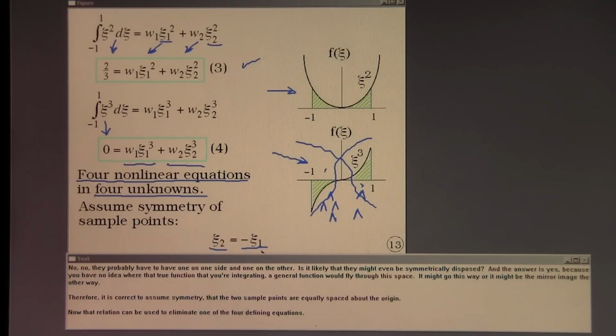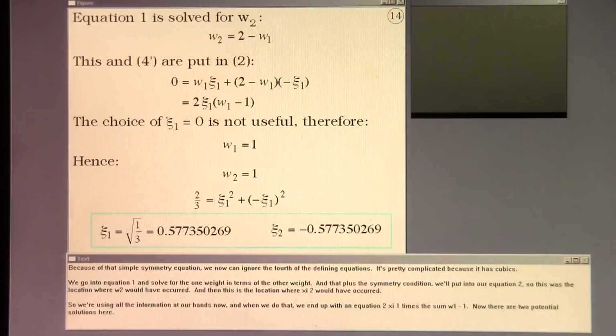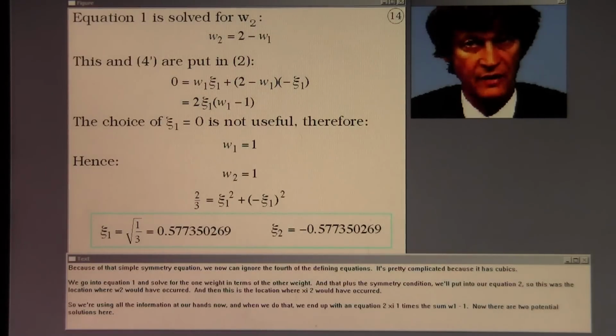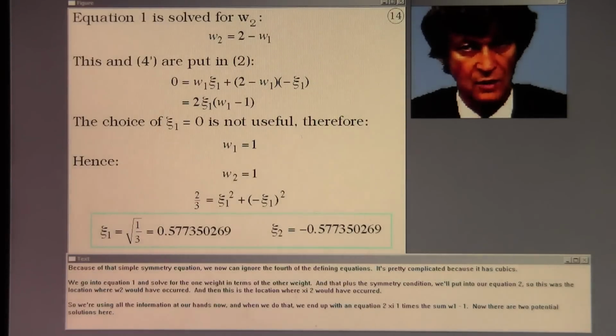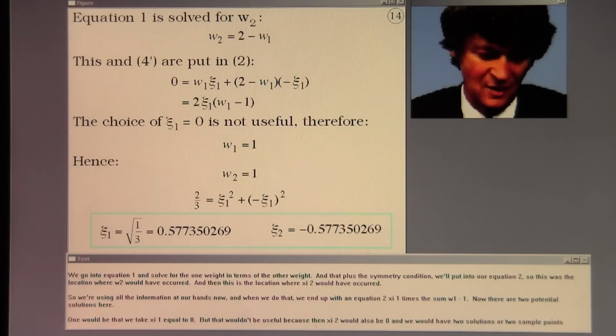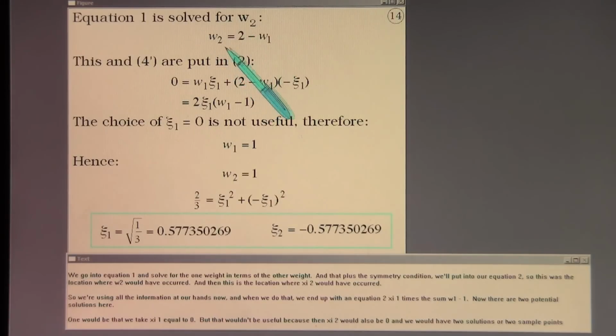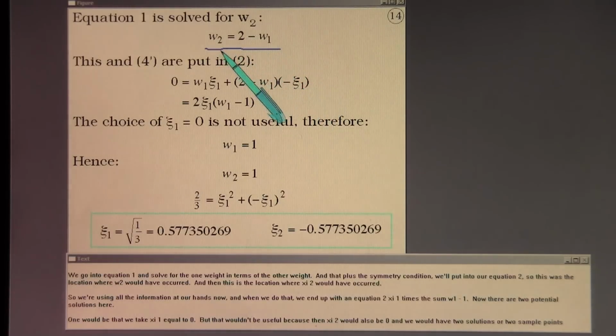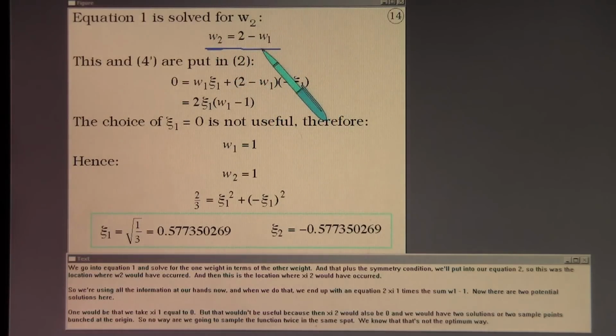Now, that relation can be used to eliminate one of the four defining equations. Because of that simple symmetry equation, we now can ignore the fourth of the defining equations. It's pretty complicated because it has cubics. We go into equation 1 and solve for one weight in terms of the other weight.